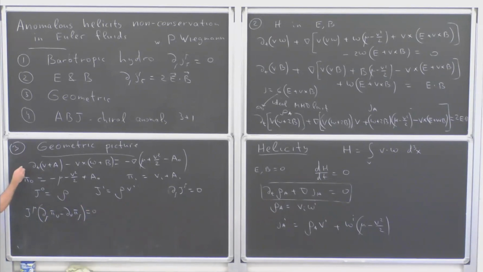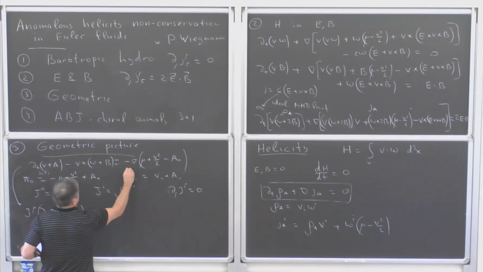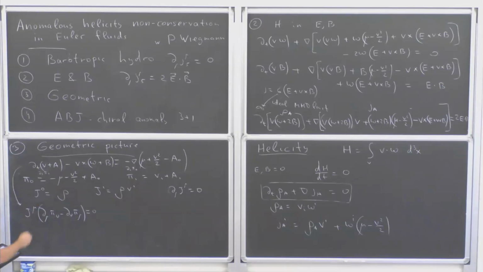So this is equivalent to this. You can roughly see how it goes. This is d t pi i, right? This is d i pi 0, which you go back, you get one of the components of these combinations multiplied by 1.